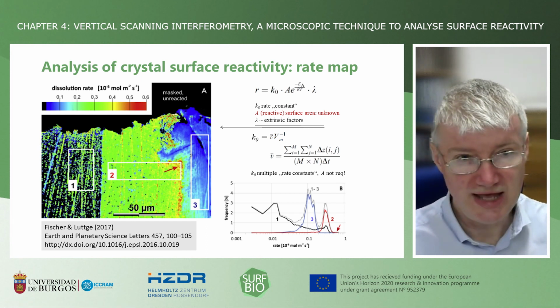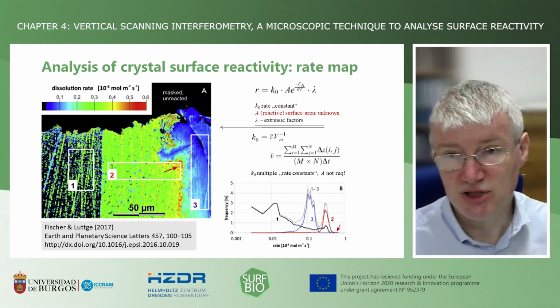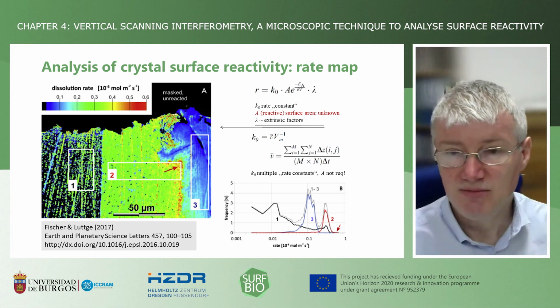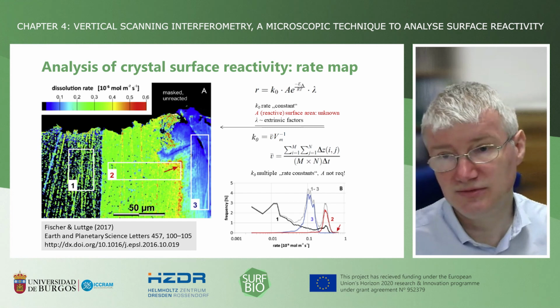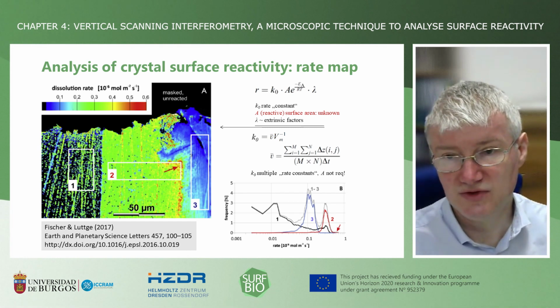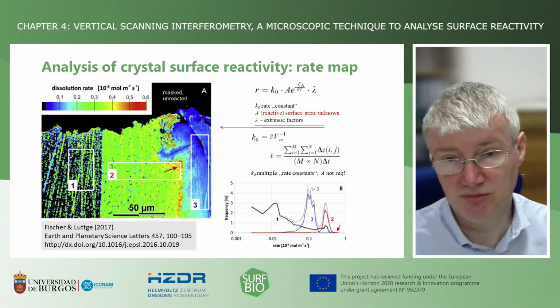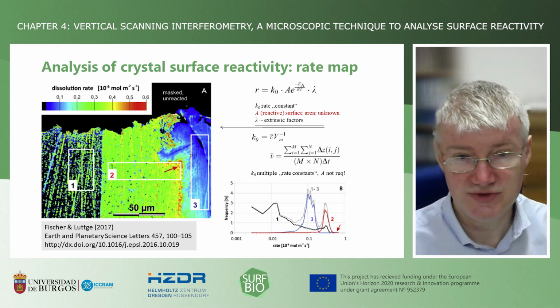The problem with using that is, usually we do not have the spatial resolution to get the rates pixel by pixel. But the more important difficulty is that the so-called reactive surface area is unknown. It gets modified over time. I have seen these height differences.